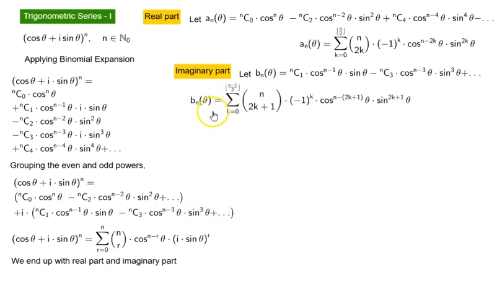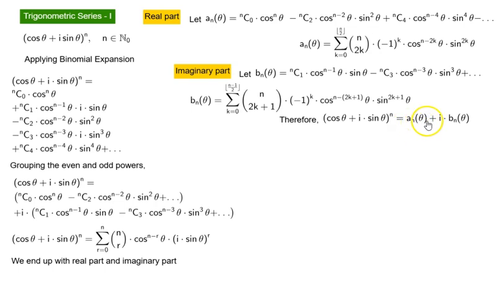So B sub n of theta is equal to the summation k equal to 0 to the floor of (n minus 1) by 2 of the binomial coefficient n choose 2k plus 1 times minus 1 to the power of k times cos to the power of n minus (2k plus 1) theta times sin to the power of 2k plus 1 theta.